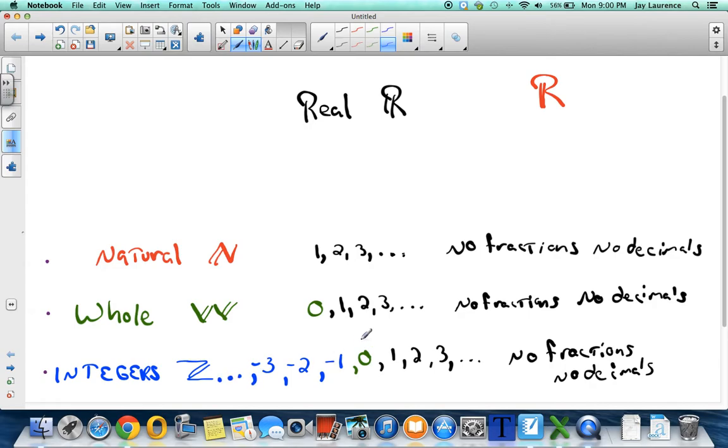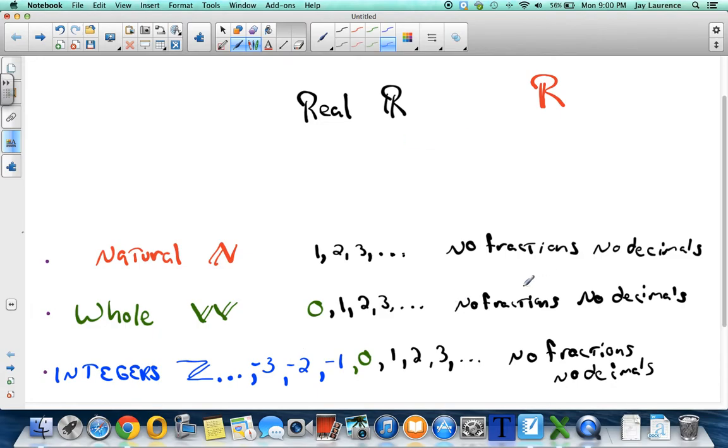Now, it's interesting to note the natural numbers begin with 1, the whole numbers begin with 0. The integers have no beginning. There is no smallest integer. No matter what integer you name, -1055, I can name a smaller one, -1056. And then you can name a smaller one, -1057, etc. They get smaller and smaller.